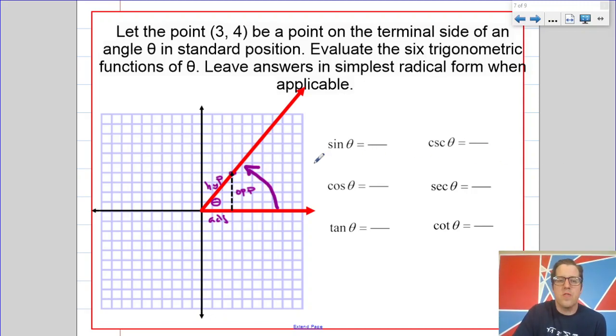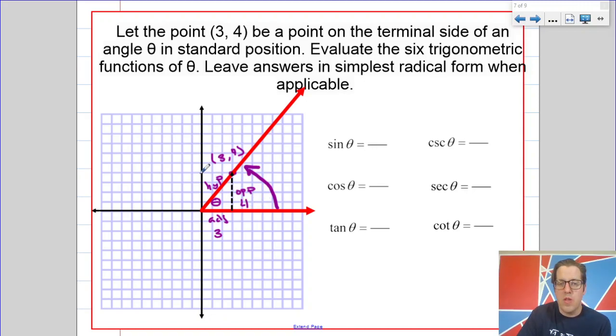Now, the other thing that's cool is because this is on a coordinate grid, if this is the point 3, 4, that means that I have 3 as my adjacent and 4 as my opposite.